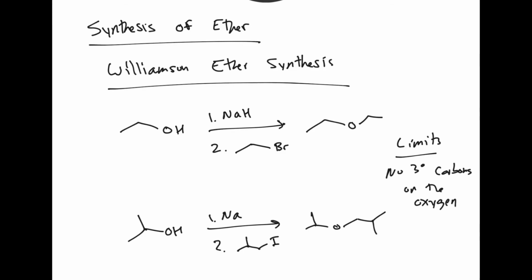If you make an O minus and you try to add it to a tertiary halide, tertiary halides don't do SN2 reactions, right? So that doesn't work. And if you have a tertiary group on your oxygen and your oxygen is negatively charged, like tert-butoxides, they don't do SN2 reactions, they only do eliminations. So there's no way that you can use a Williamson ether synthesis to make an oxygen that has a tertiary carbon on it.